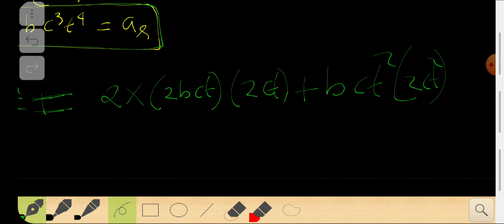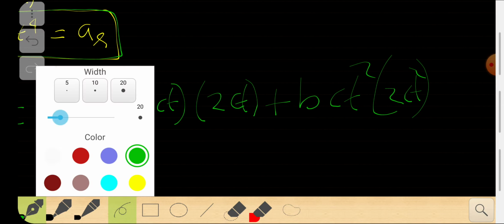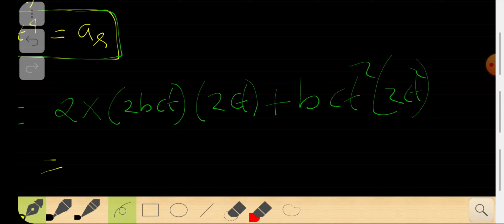So we got that all simplified. Now let's simplify it further. So what you get is 8... Okay, so I have made a mistake here.